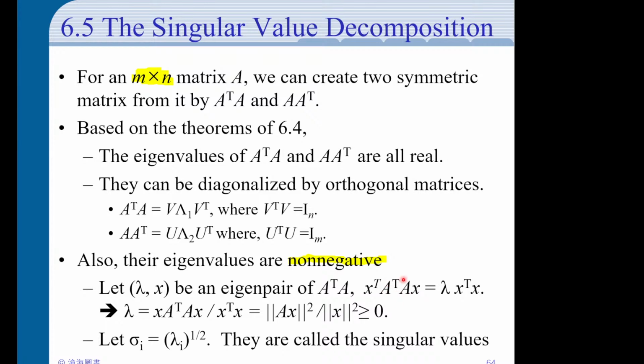So you take this thing with its eigenvector x and x transpose, and then you find that lambda x transpose x is equal to x transpose A transpose A x. Now x transpose x is positive because it is the norm squared of x, and x transpose A transpose A x is also positive because it is the norm squared of Ax. So Ax squared is positive, and dividing positive by positive is positive.